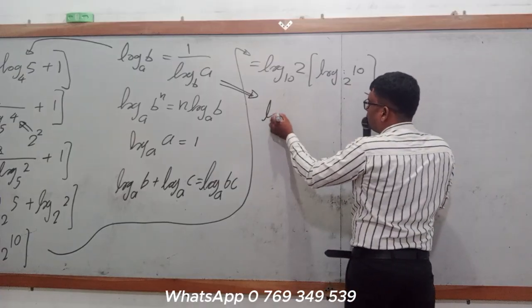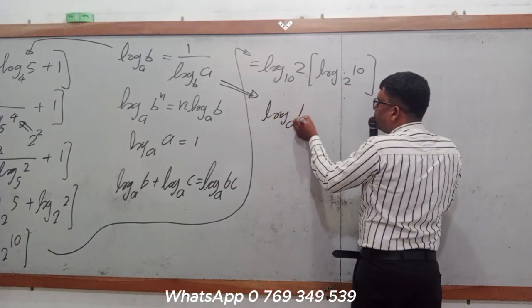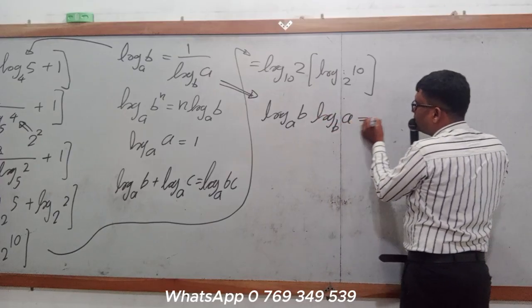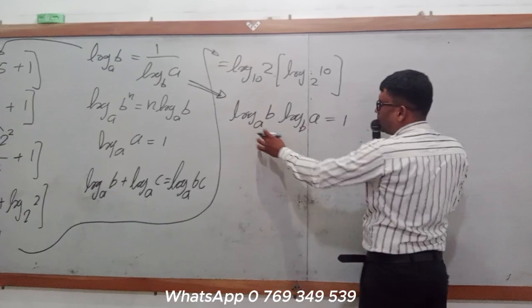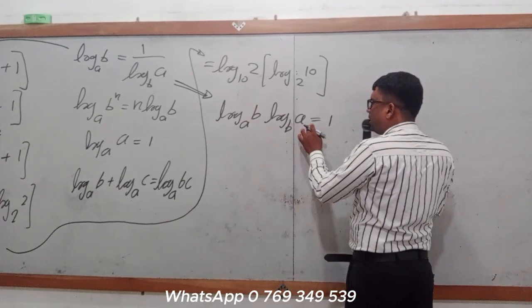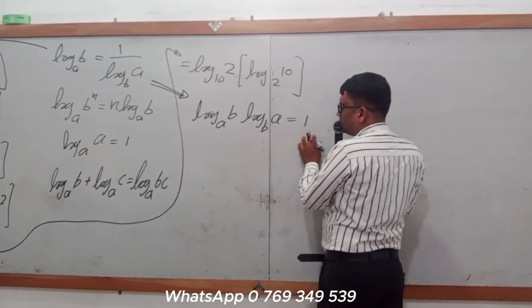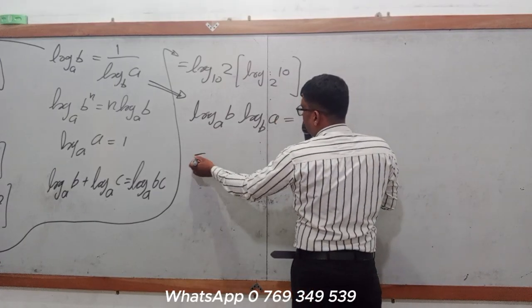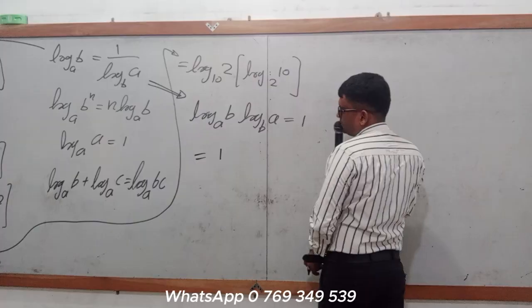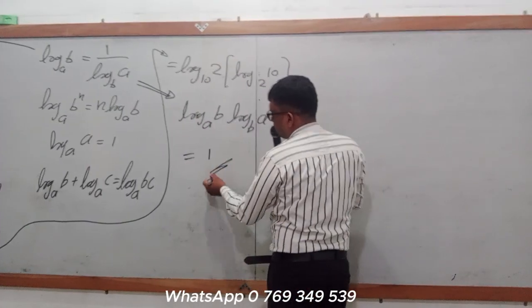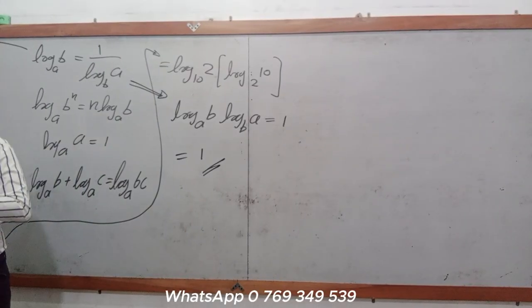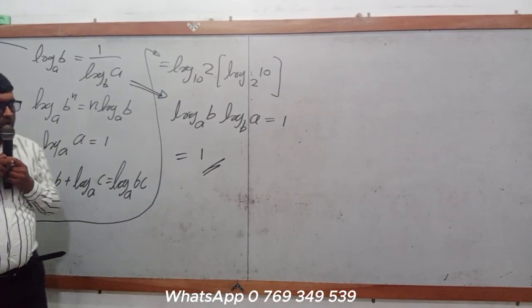Log A B times log B A equals 1. Log A B times log B A equals 1. Same thing, no? Therefore, the answer is 1. That answer is 1.